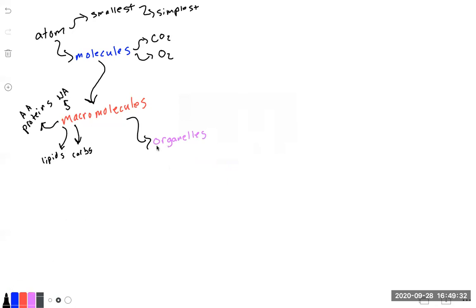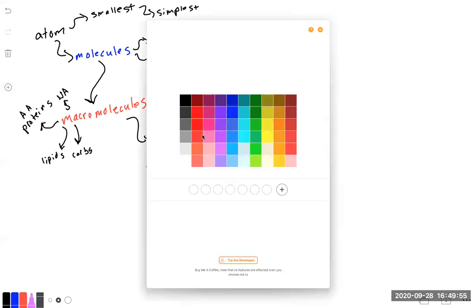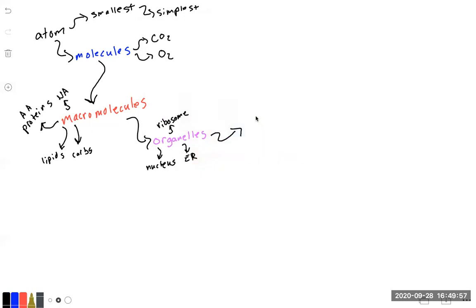And of course, just a couple of examples would be like our nucleus or our ER, or perhaps a ribosome, just to name a few. And when you put all of these organelles together, our next stop will take us to the cell.